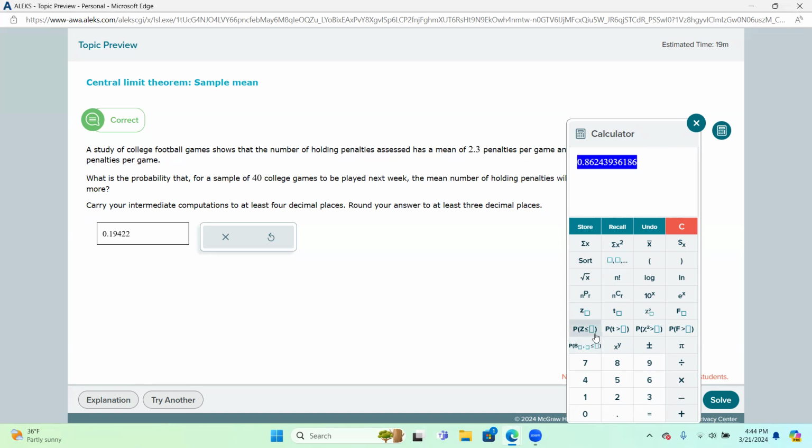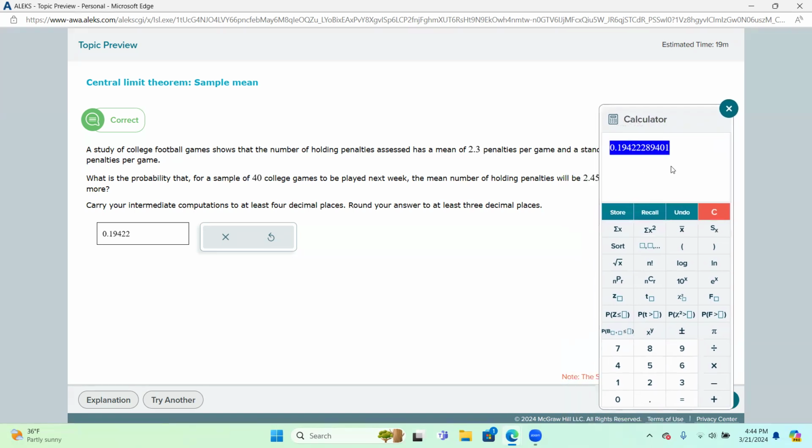And then I'm going to put that in the probability. So I just clicked on the probability button, and I want to do actually 1 minus that for the complement. And then there's my answer of 0.19422.